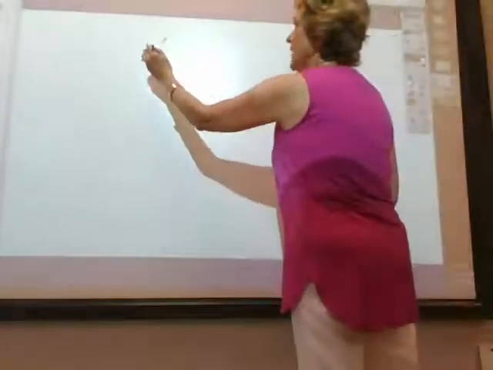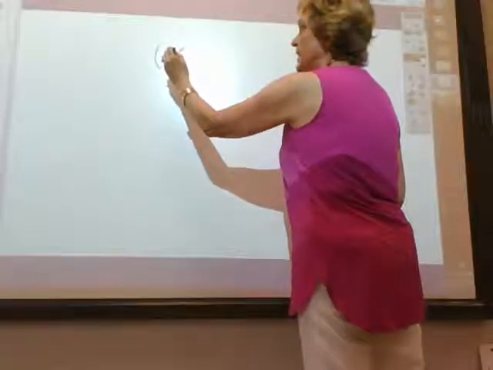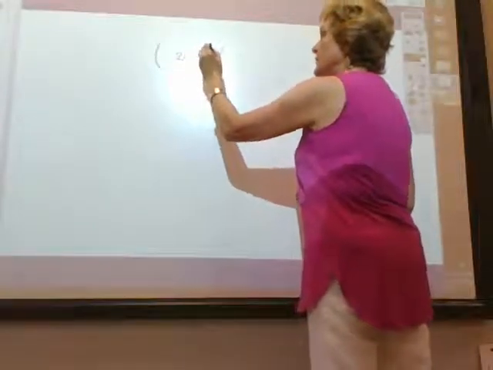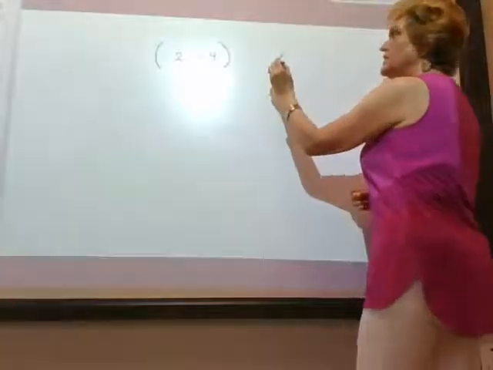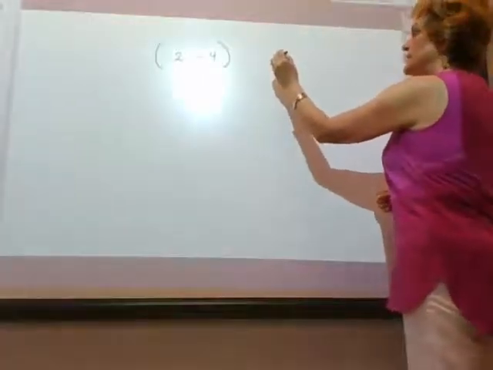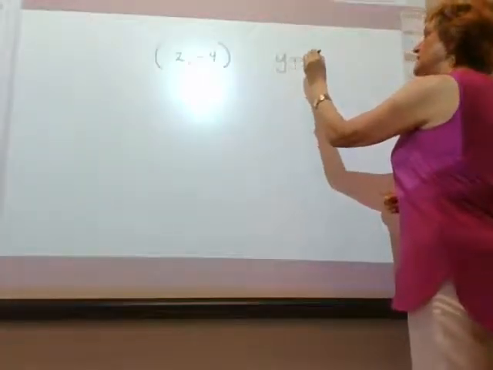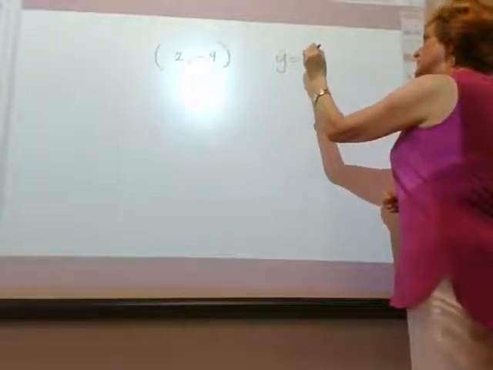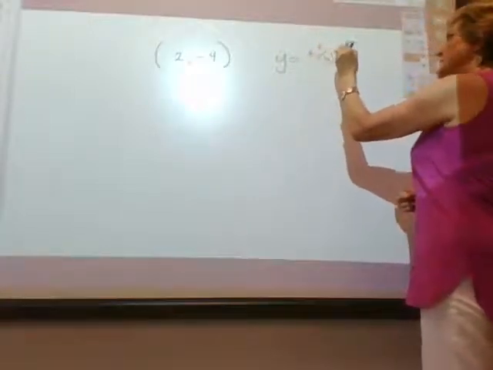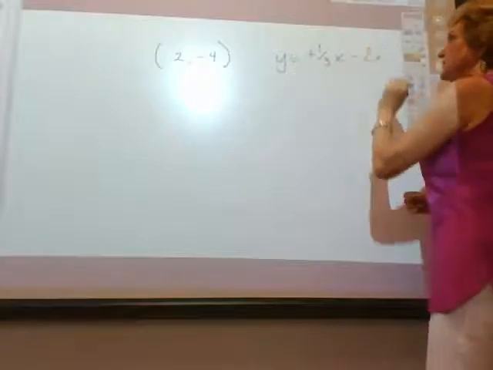So let me take an example really quick and work through it. Let's say that we have a point (2, -4), and the equation of the line is, we'll just make it easy right now, make it 1/3 x minus 2.